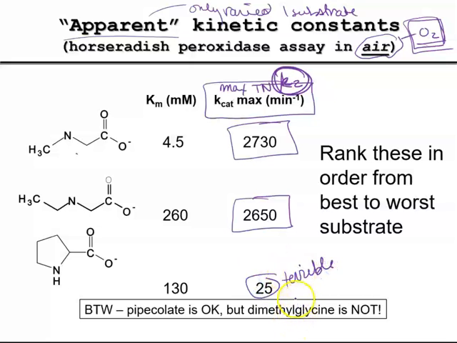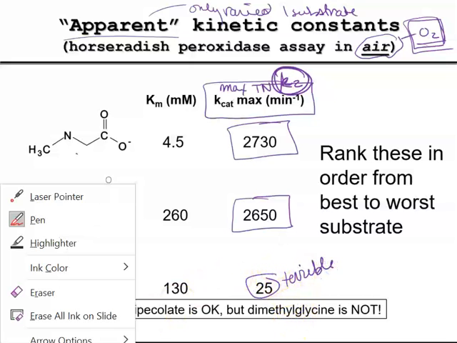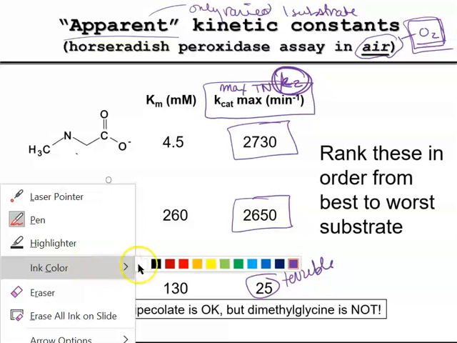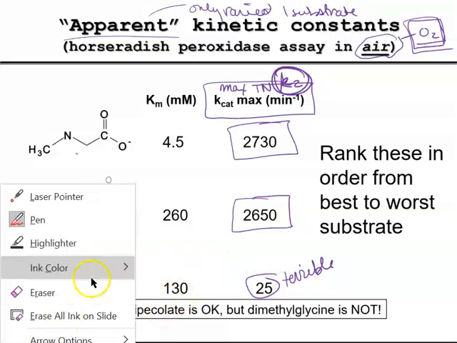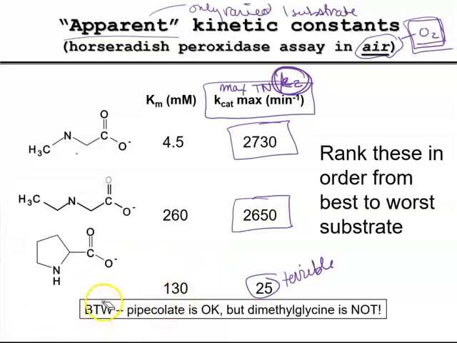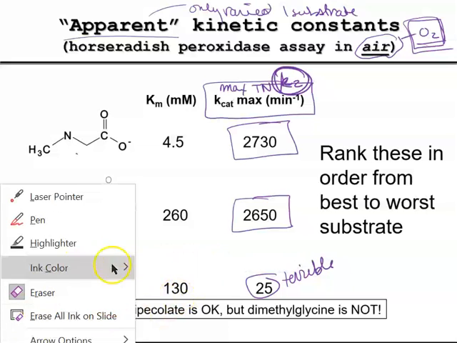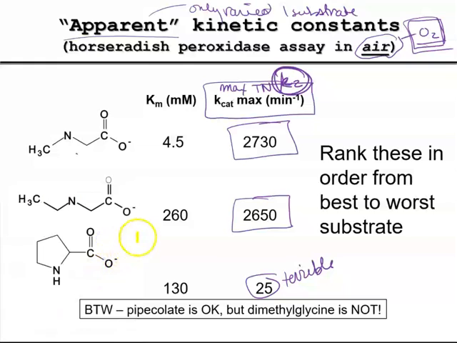So if we rank the goodness of these substrates based upon these different values, certainly sarcosine is the best according to Km, and it's the best according to the turnover number.